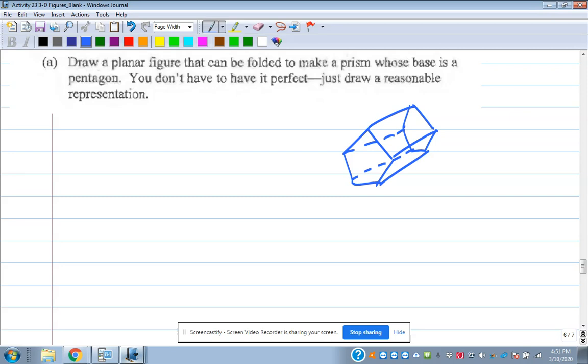So that particular net or planar figure needs to have what? Okay. So I'm going to draw a pentagon.